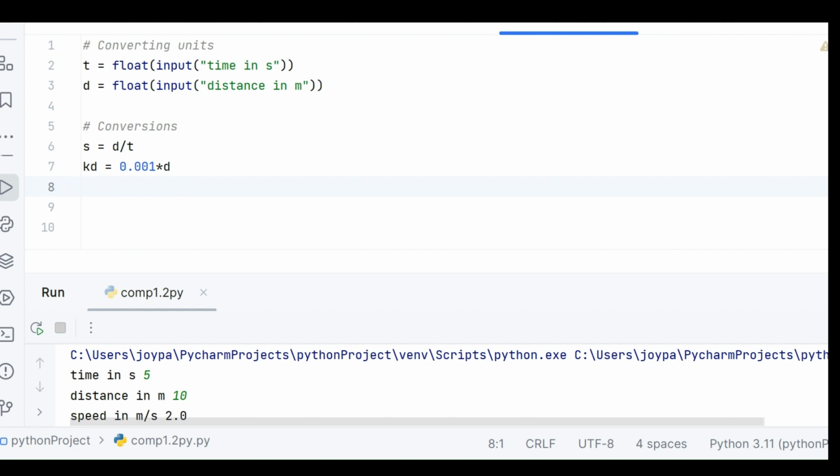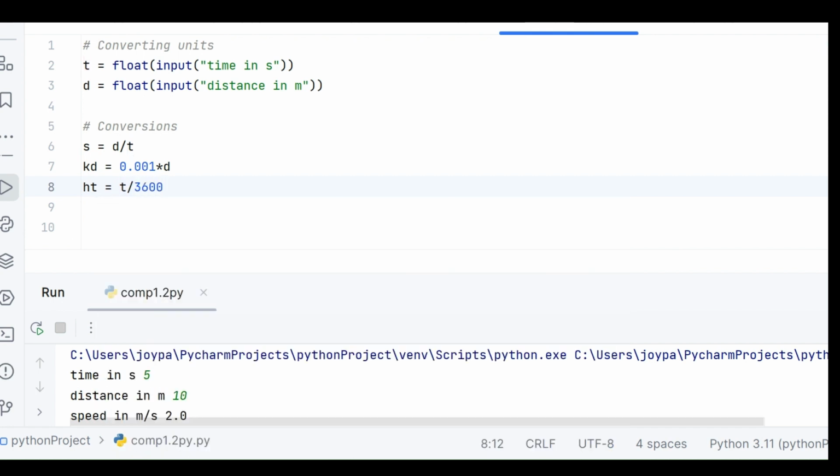Now, that's the distance. Let's talk about time. Time is going to be in hours. So how many seconds are in an hour is the question. There are 60 minutes in an hour, and there are 60 seconds in a minute. So our conversion from seconds to hours would be 60 times 60, which is 3,600. So I'm going to put HT for hour time, and I'm going to say that's equal to time divided by 3,600.